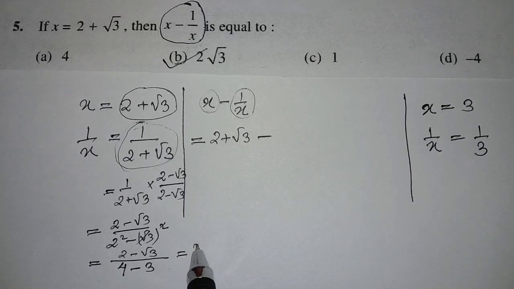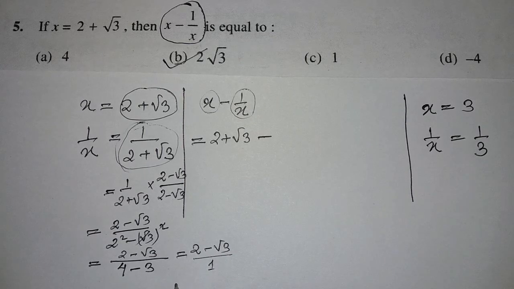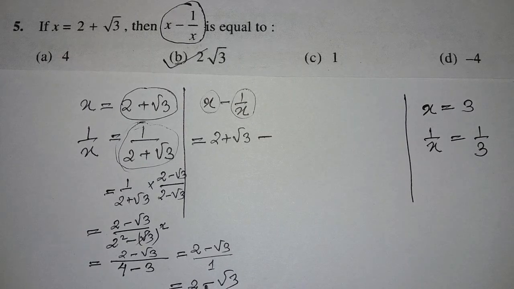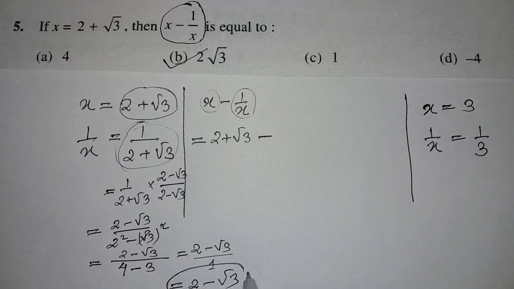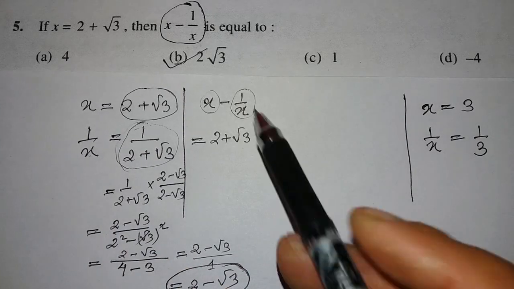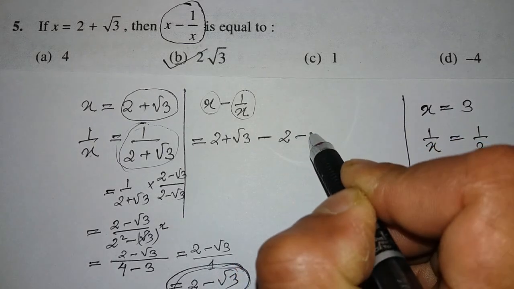Now finally what you got is 2 minus root 3 divided by 1, which is nothing but 2 minus root 3. Now this is the value of 1 by x, so instead of 1 by x, I'm going to write this 2 minus root 3 here.